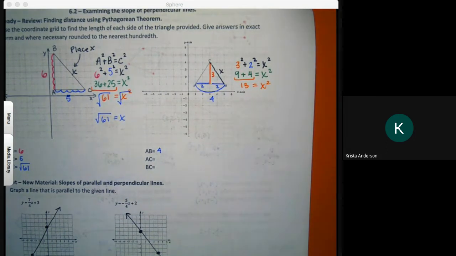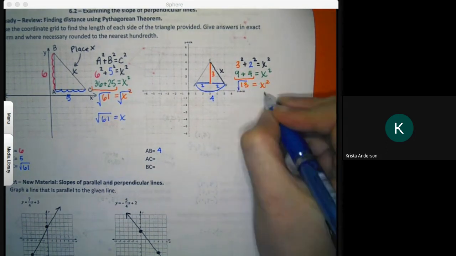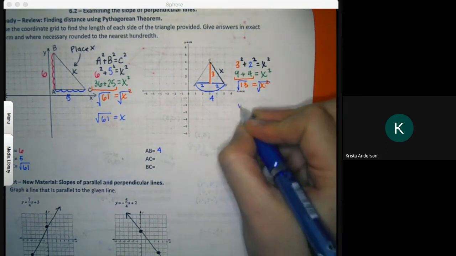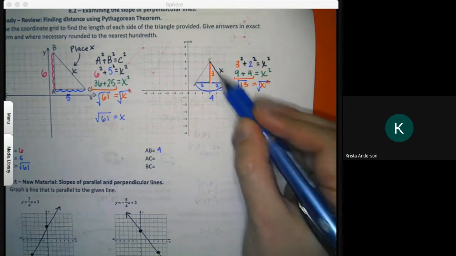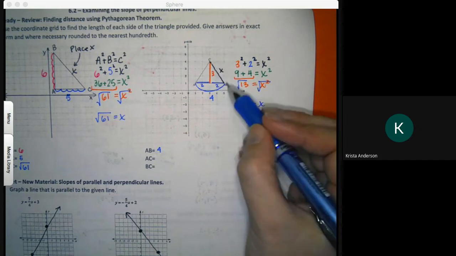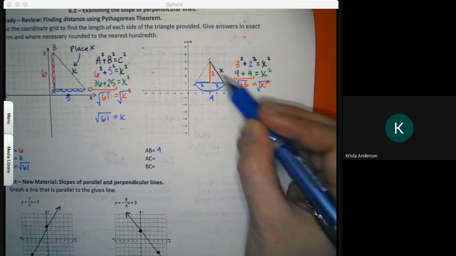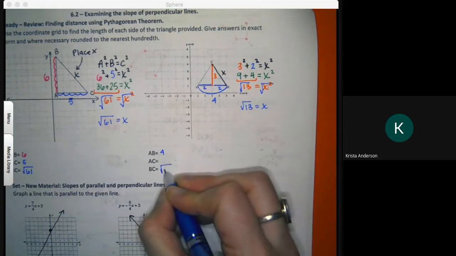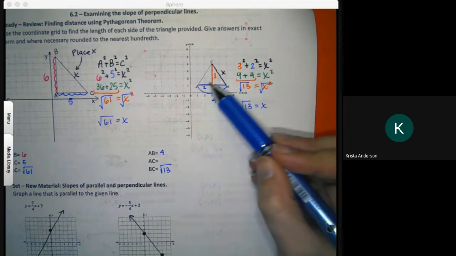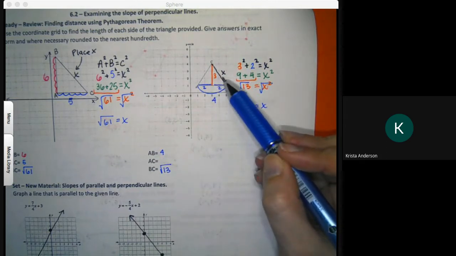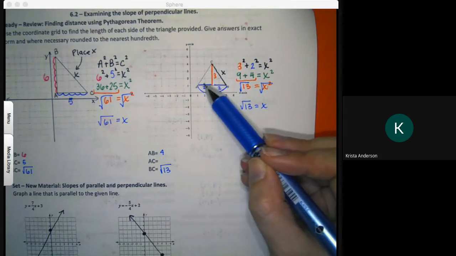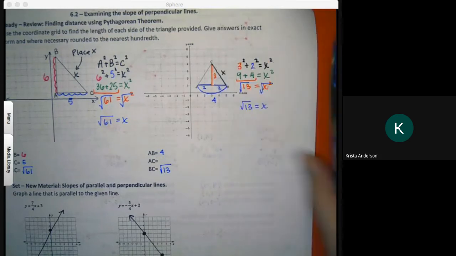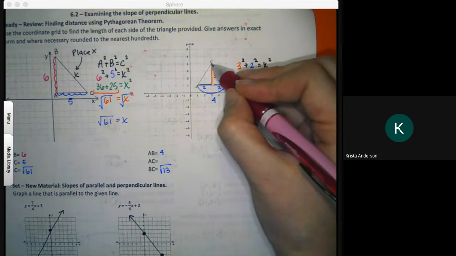Then to get rid of the power, I square root it. Now I found that C to B, or B to C, is that length. Because this uses 3 and 2, and this left side uses 3 and 2, they should match.